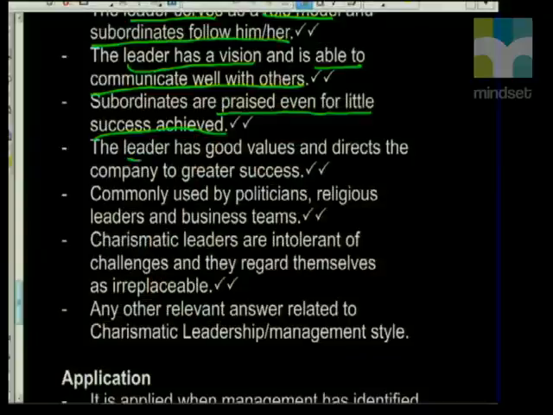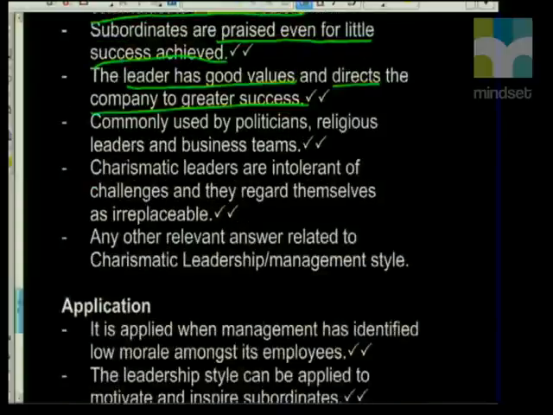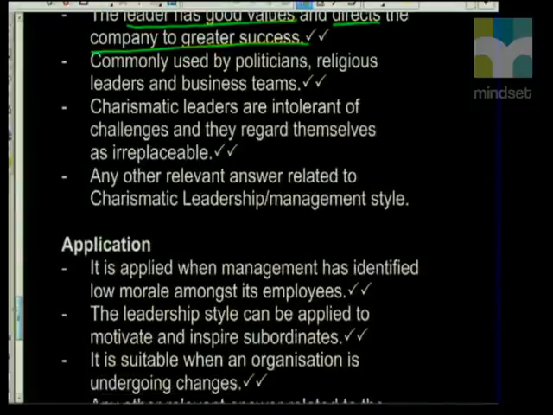Next, the leader has good values and directs the company to great success. So again, leaning on the personal. Now, this is commonly used by politicians, religious leaders, and business teams. So it's good to know who uses them in which situation.